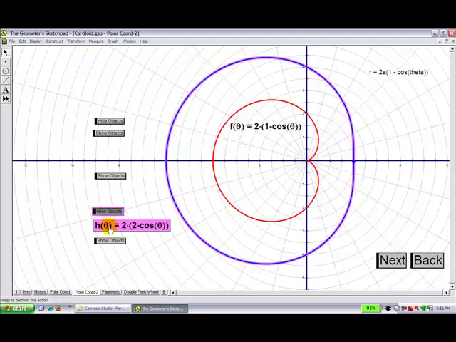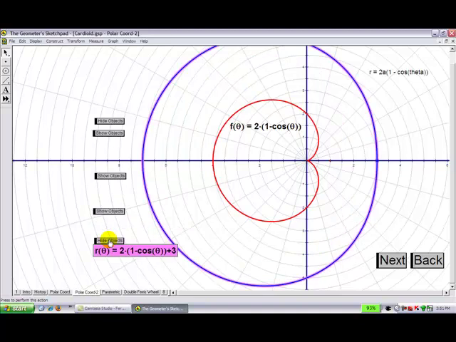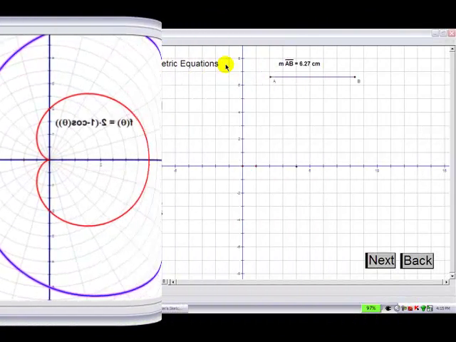For the next one, I've added 3 to the end. This is another thing you cannot do. As you can see again, on the blue curve there is no cusp, which results in not a cardioid.